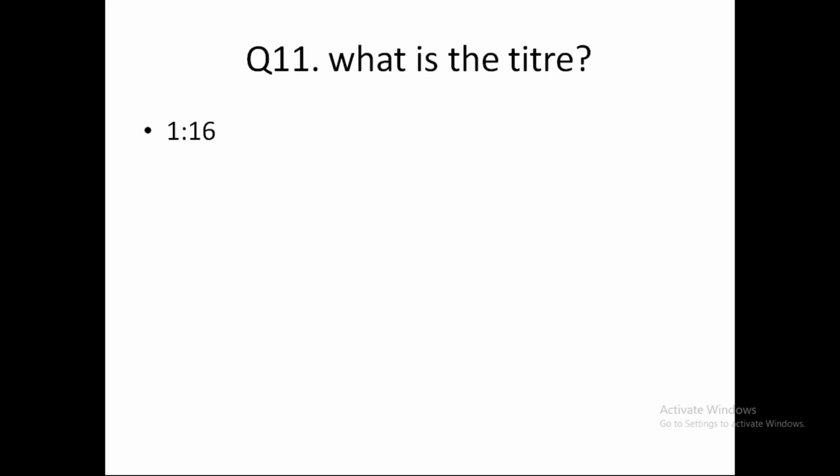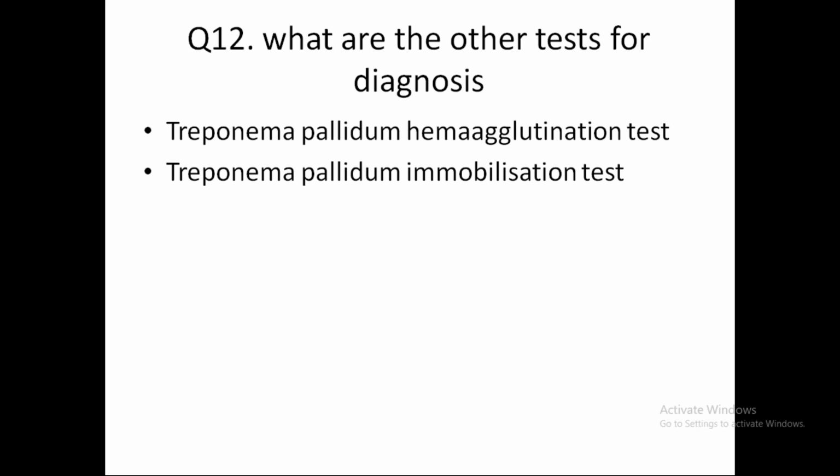Next, what is the significant titre? 1:16. If it is 1:16, it is positive. Less than 1:16, negative. Next, what are the other tests for the diagnosis? Two other important tests are the Treponema pallidum hemagglutination test and the Treponema pallidum immobilization test.